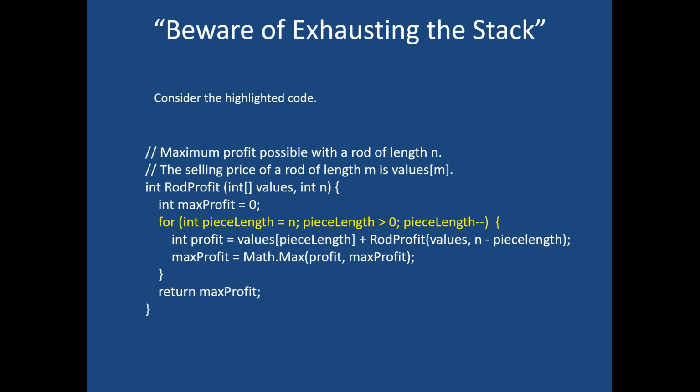Now, what happens when we go the other direction? What's going to happen the first time if piece length is 1? What's the first recursive call value?